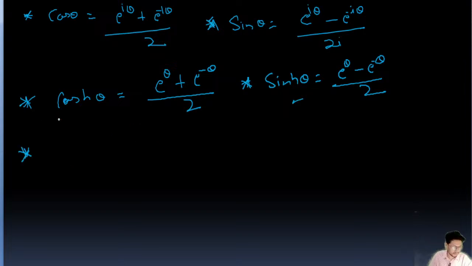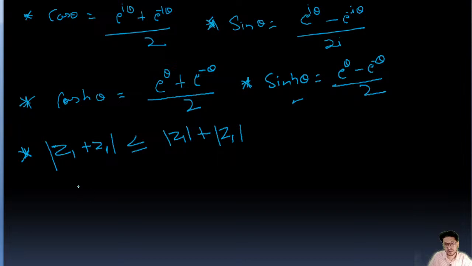Next point, this property we also know: the mod of the sum of complex numbers is always less than or equal to the sum of the mods of the individual complex numbers. So mod of z1 plus z2 is less than or equal to mod z1 plus mod z2.